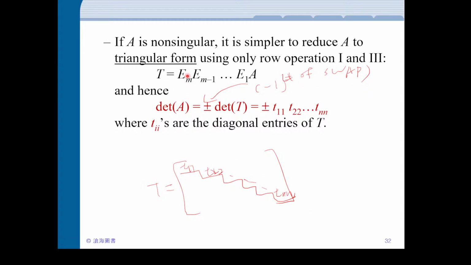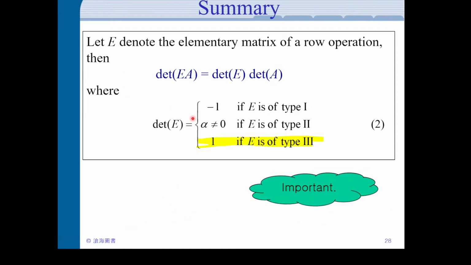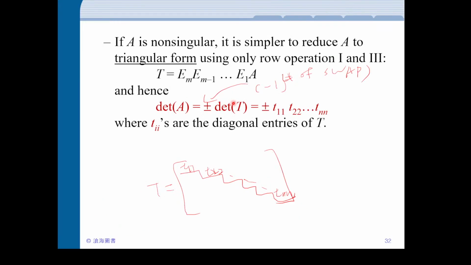Because we know that, back to the operations here, each addition or subtraction doesn't change your determinant, and every swap gives you a -1. So this is -1 to the power of the number of swaps.